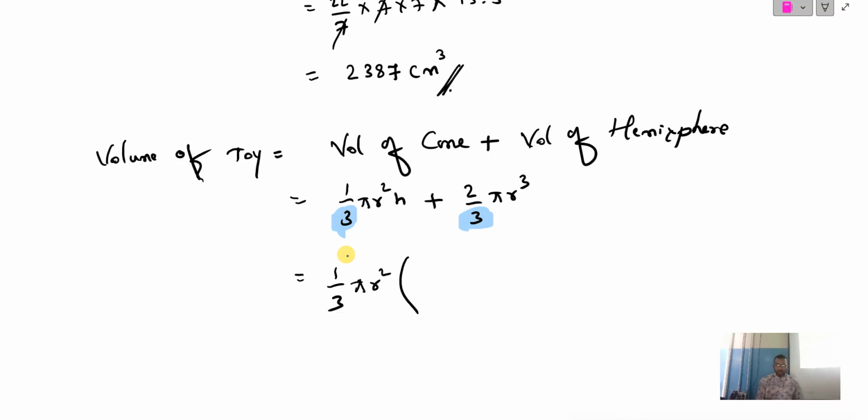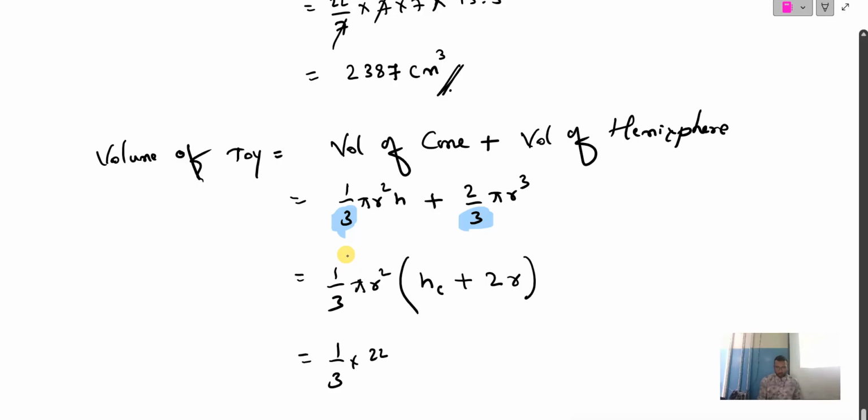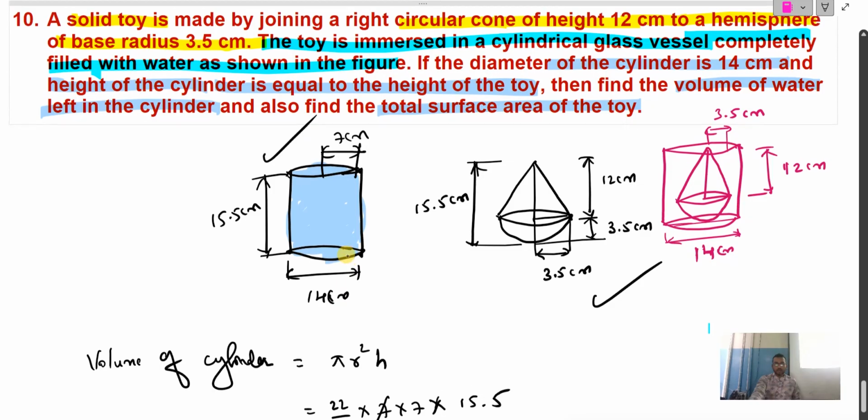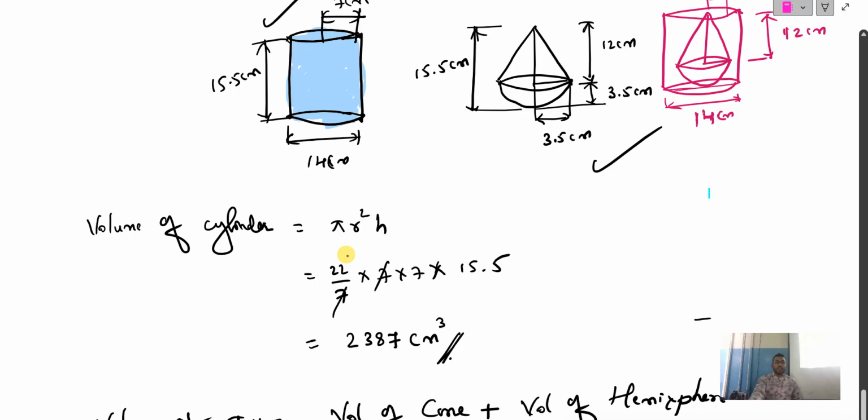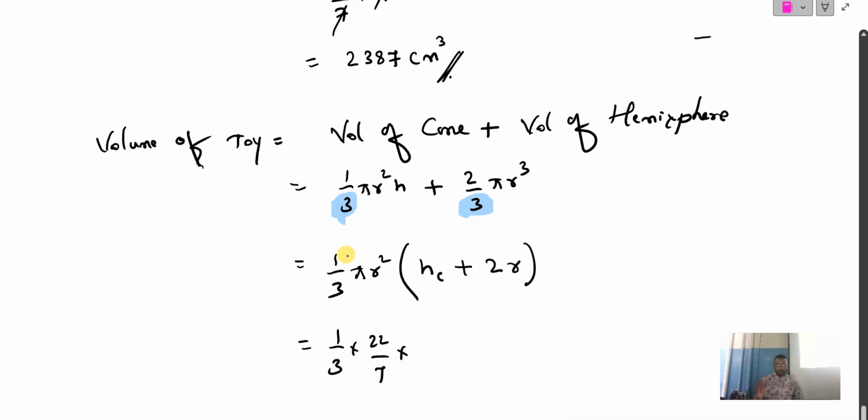So here 3.5 into 3.5, r square, into what is the height of cone? 12 plus 2 into 3.5. Close the main bracket. Now see here, 7 1 is 7, 7 5 is 35, so it was 3.5. Clear? Anything else can be divisible?